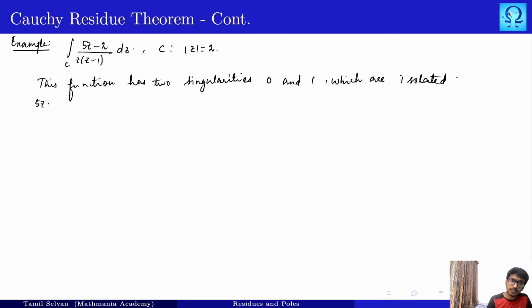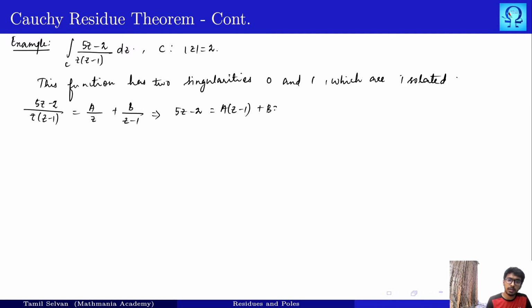We have (5z minus 2) upon z times (z minus 1). Let us write it as a upon z plus b upon (z minus 1). This gives us 5z minus 2 equals a times (z minus 1) plus bz. When z equals 1, we get 5 minus 2, which is 3, equals b. So we get the value of b.